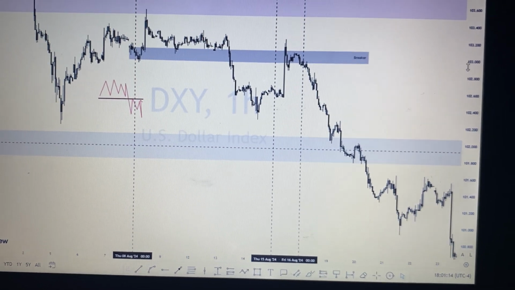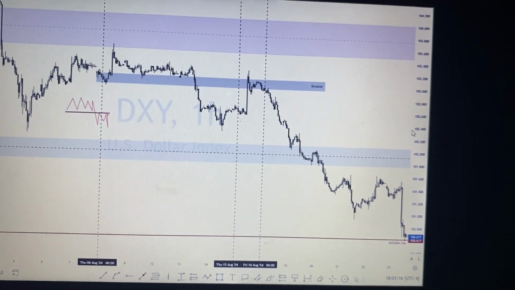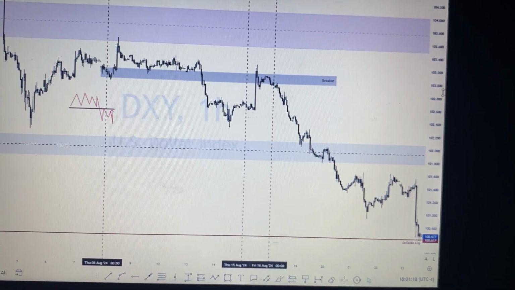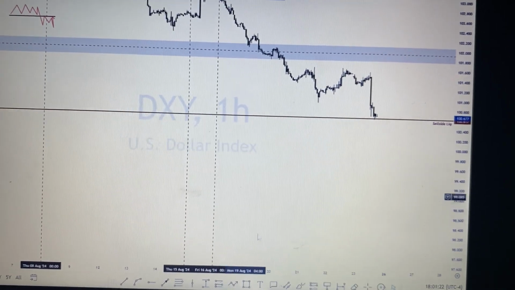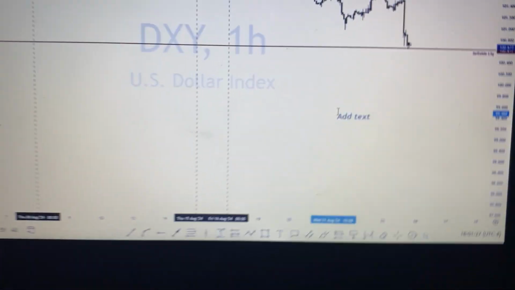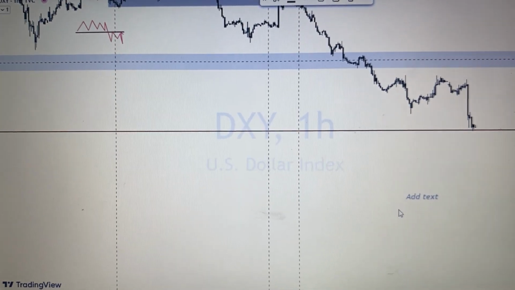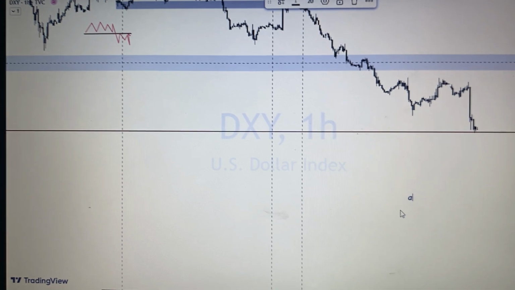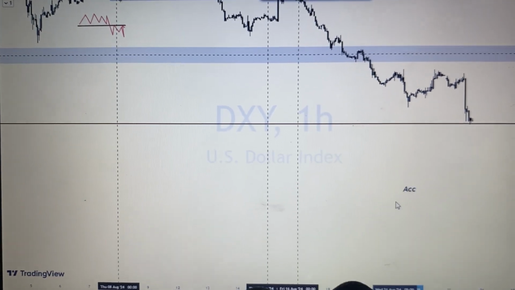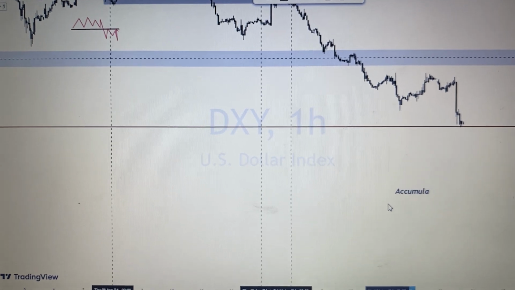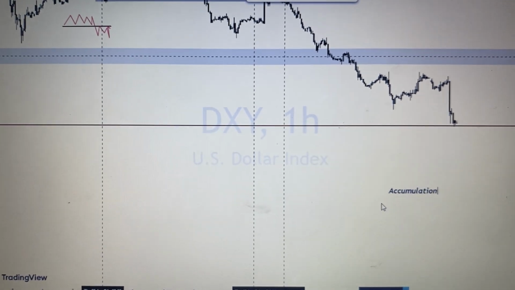There are days where the market is in a distribution phase. The market moves in 3 phases. First phase, accumulation.